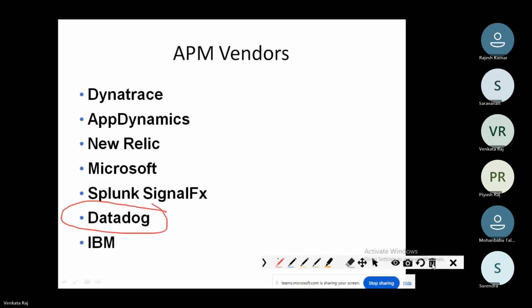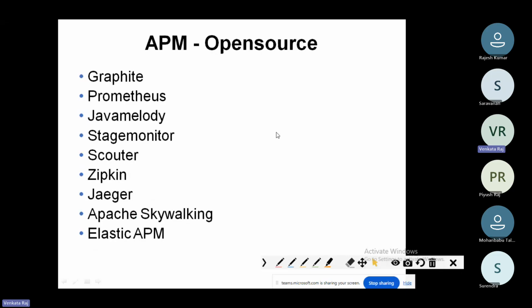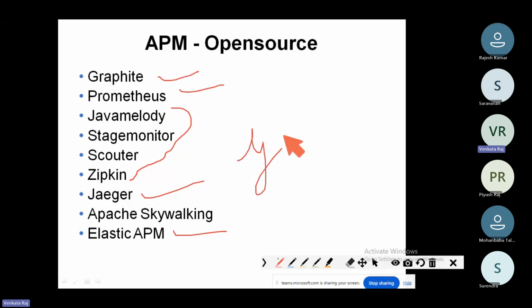Okay. Then we also have the open source ones, guys. You all would have heard of Graphite, Prometheus, right? Elastic, Jaeger, and I haven't worked with them, so I don't know much about them. Grafana is also open source, right?